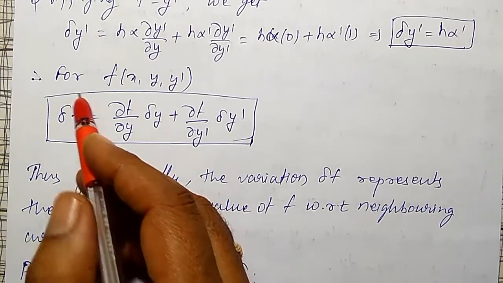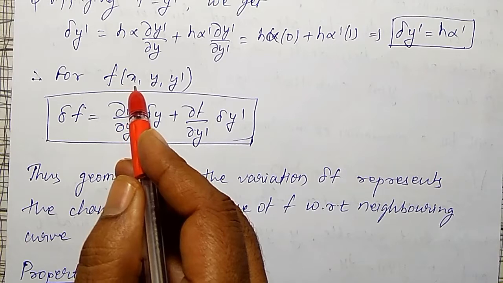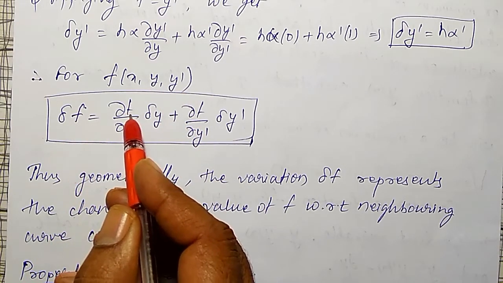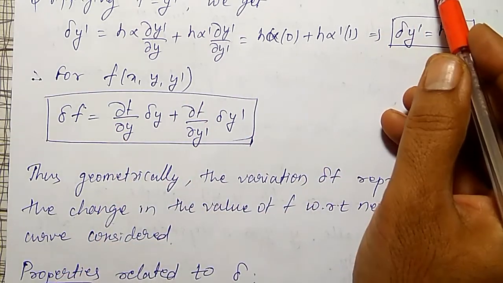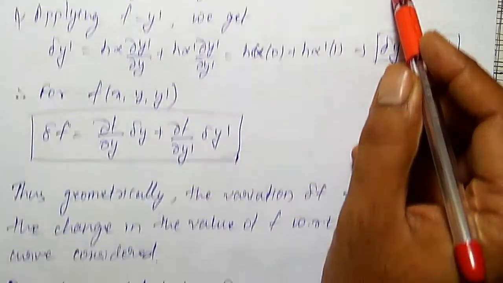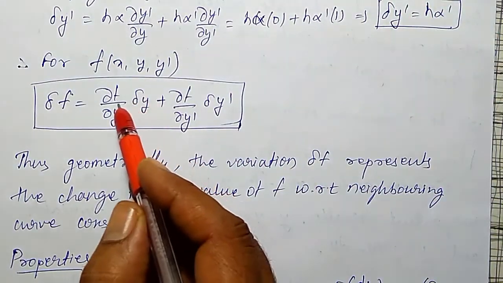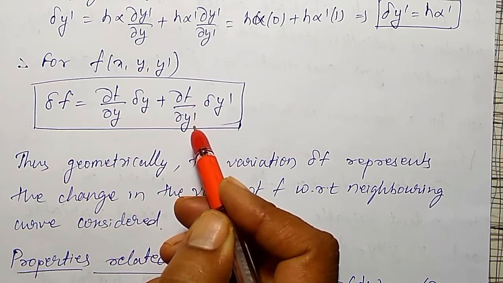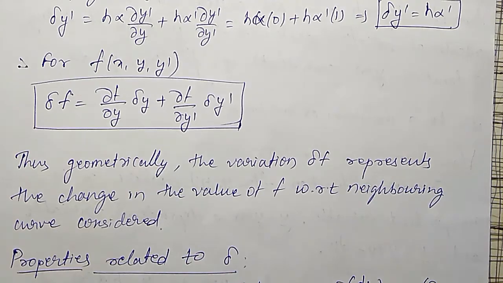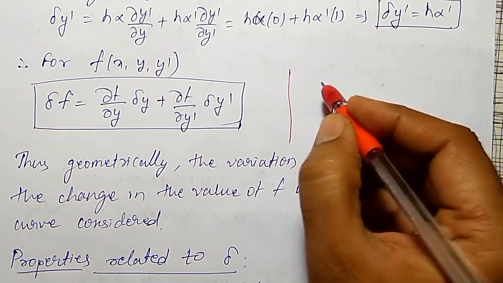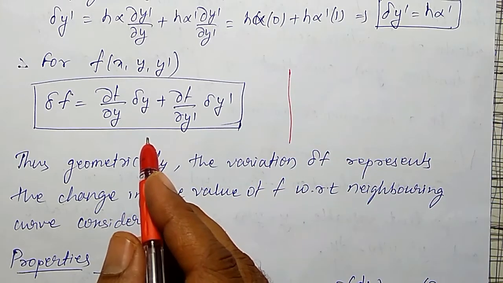Therefore from f of x, y, y dash, I can write the variation in f as ∂f by ∂y into delta y plus ∂f by ∂y dash into delta y dash, replacing h alpha by delta y. This is very much similar to the total derivative.